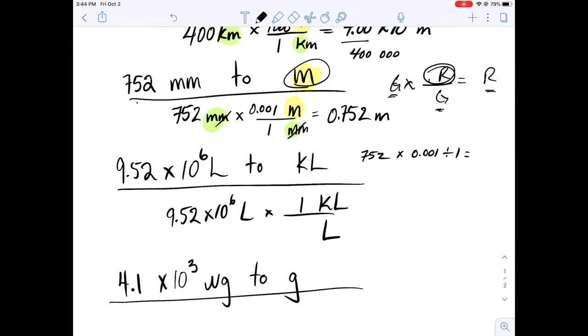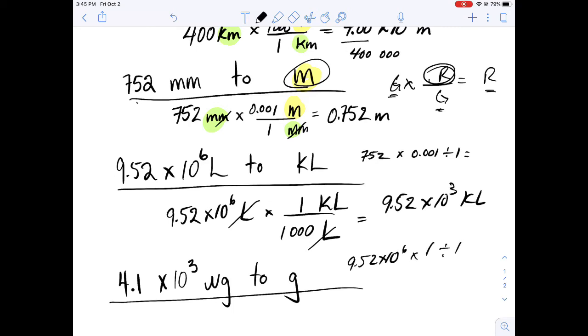This is going to give me 9.52 times 10 to the 3 kiloliters. The liters cancel out and leave me with kiloliters. In my calculator it's 9.52 times 10 to the 6 times 1 divided by 1,000, equals. And it converts from one unit to the other.